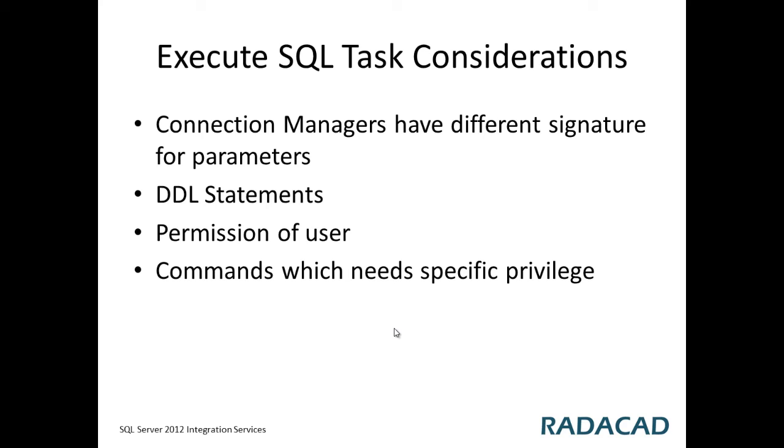And some commands need specific privileges, specific database administration privileges or something like that. For example, if you use OPENROWSET, you might need some specific privilege. You can write your T-SQL statement as the underlying database accepts. For example, if you work with an Oracle database, you can write commands like to_char for converting a date to a character.